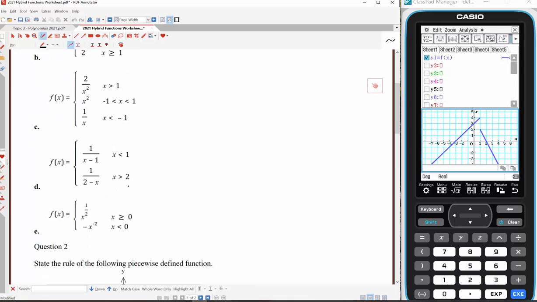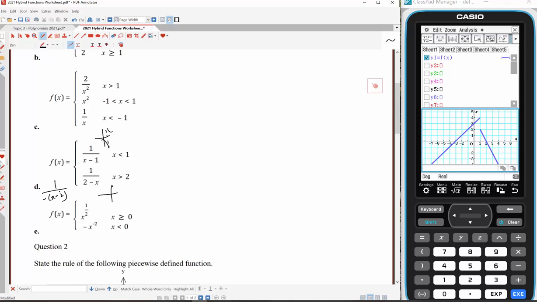Okay, so this one here is 2 hyperbolas. So this hyperbola here has been moved 1 unit to the right. That's that. And this one here has been moved, well, I'm not sure, -x take 2.